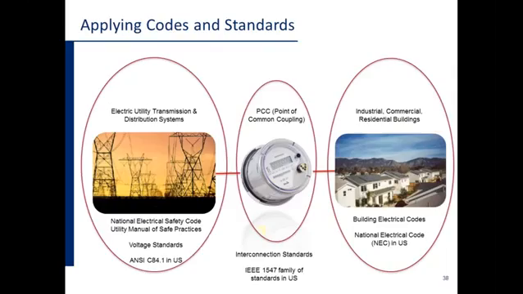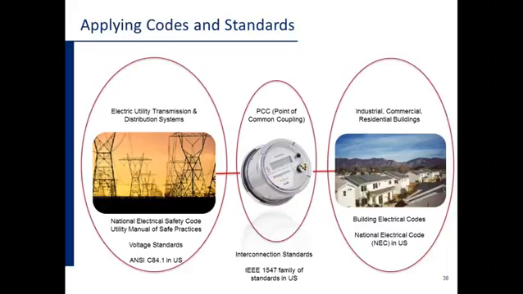Now the next slide shows standards and codes and where they might apply, no matter where you are in the world, what country. In North America, I've listed some of the standards that we apply, and there are three different areas. There's the utility side over on the left, and really all utilities have some kind of a manual of safe practices and how to operate their systems, and they try to adhere to voltage standards.